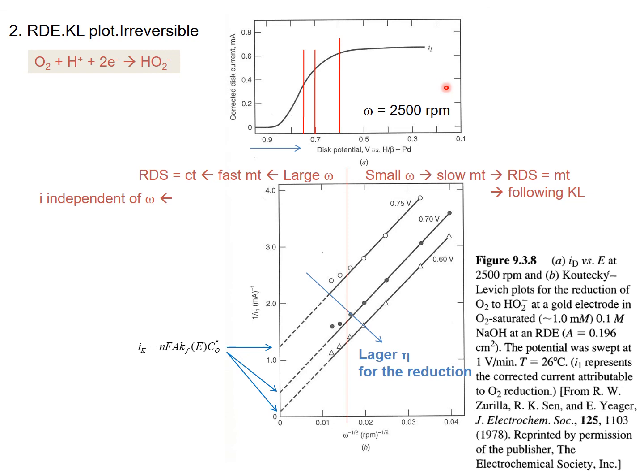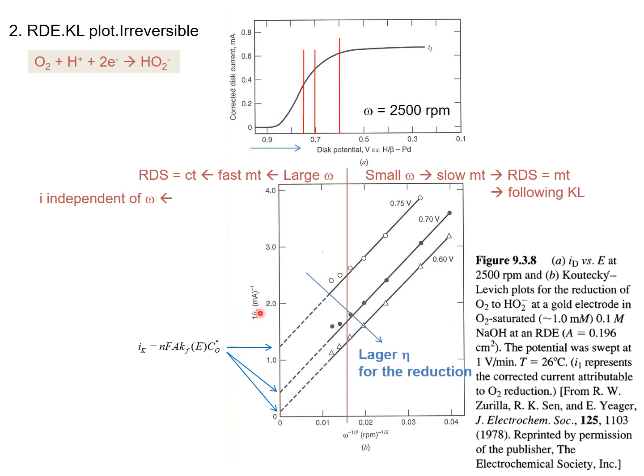By using those several linear sweep voltammograms at various rotation rates, I could build up the Koutecký-Levich plot. Again, the x-axis is 1 over the square root of rotation rate, and the y-axis is 1 over the overall current.